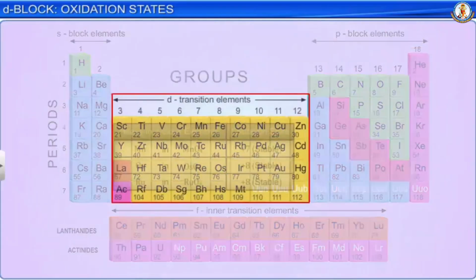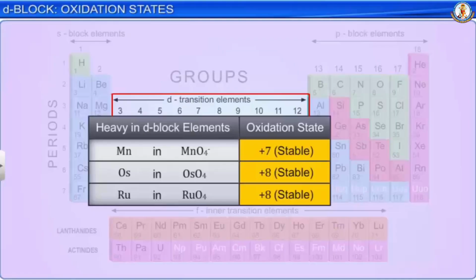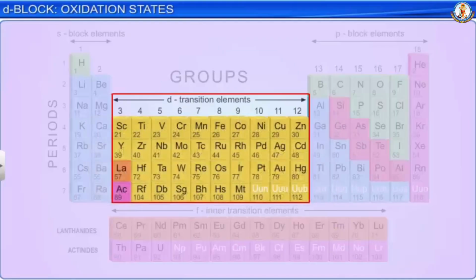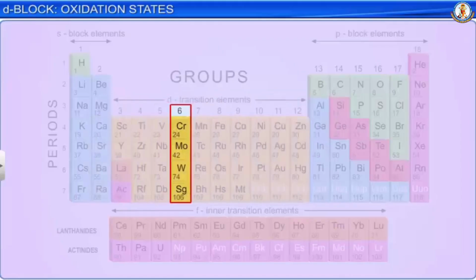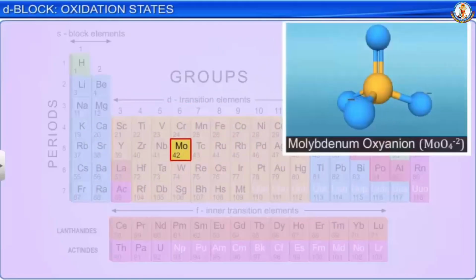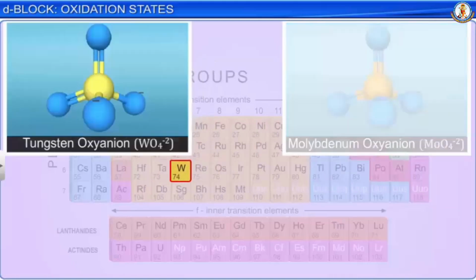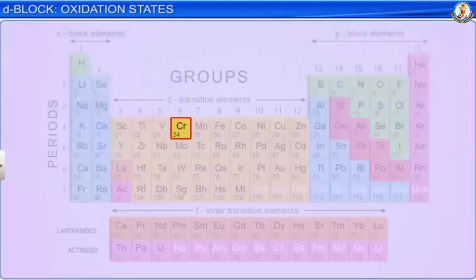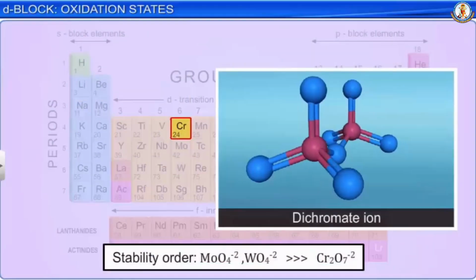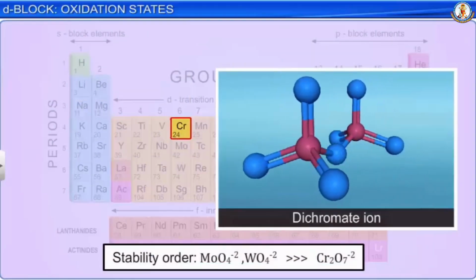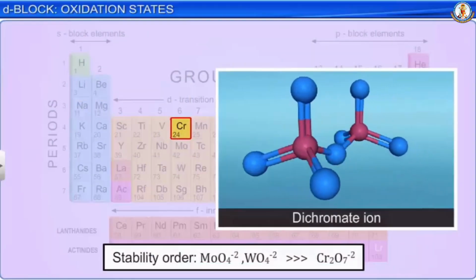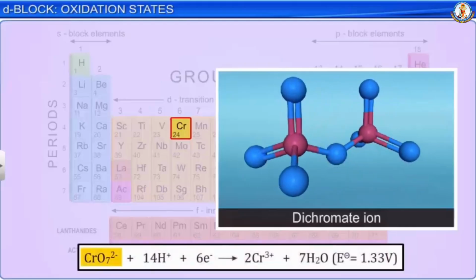For example, in group 6, molybdenum(VI) and tungsten(VI), in the form of their oxyanions, are found to be more stable than the dichromate ion, in which chromium is in its highest oxidation state of +6. Thus, a dichromate ion acts as a strong oxidizing agent in an acidic medium, while the oxyanions of molybdenum and tungsten do not.